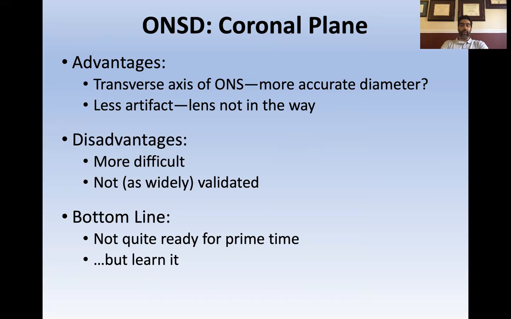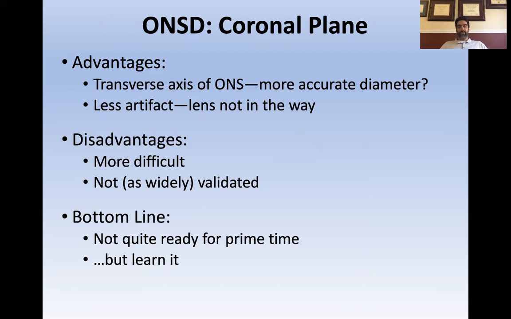And so that could actually create artifacts posterior to the lens and distort the stuff behind it to include the optic nerve and optic nerve sheath. So theoretically, you could have some error in your measurement if you're trying to look through an abnormal lens. Okay, so this is why trying to use some of these other approaches may be better.